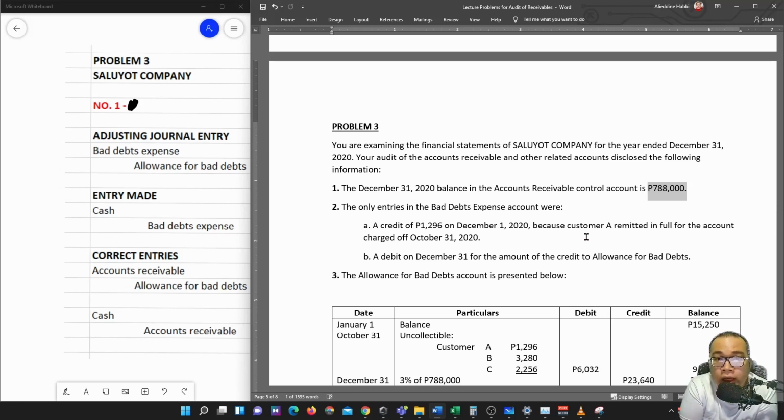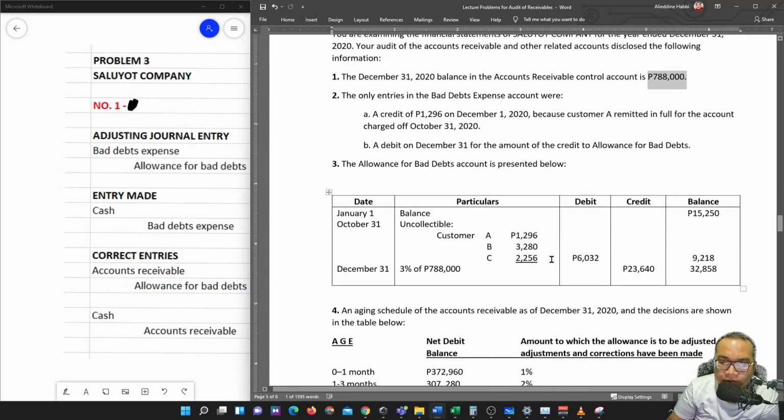However, biglang nabuhay si customer A. Binayaran ka. So yun, ang ginawa mo, nag-debit cash ka ng 1,296, nag-credit ka ng bad debt expense, 1,296. Tama ba yun? Malalaman natin. So with that, a debit on December 31 for the amount of the credit to allowance for the bad debts.